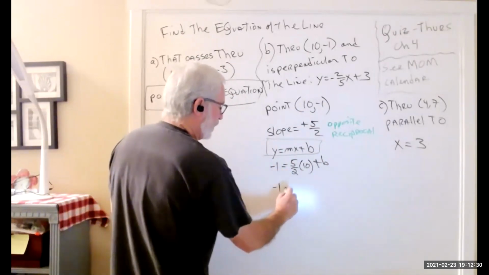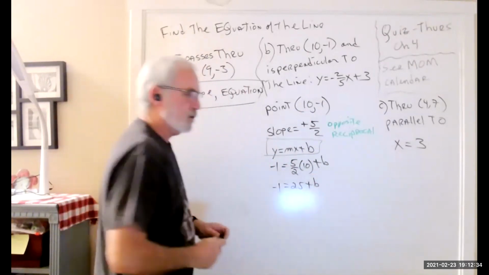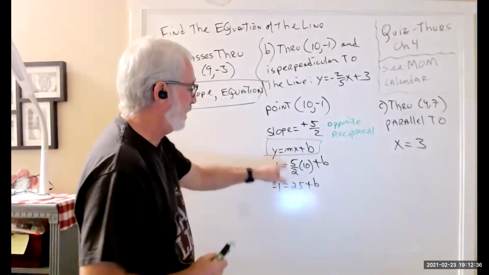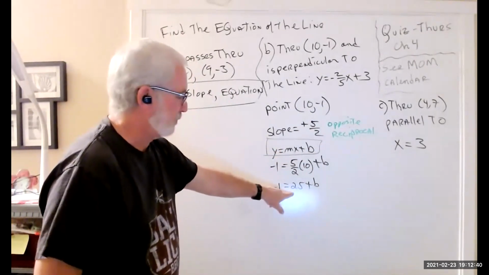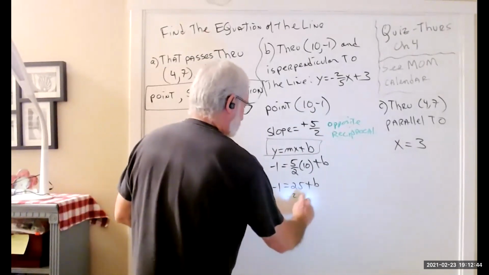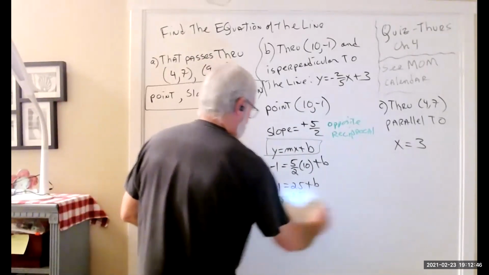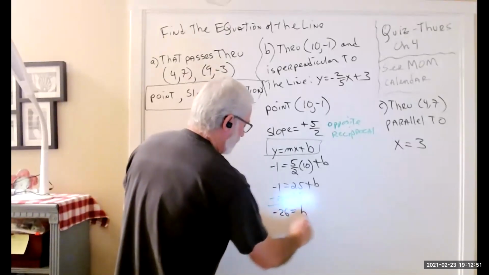So -1 equals 25 plus b. You can do that on your calculator: 5/2 times 10 becomes 25. Take away 25 from both sides, and we get -26 equals b.